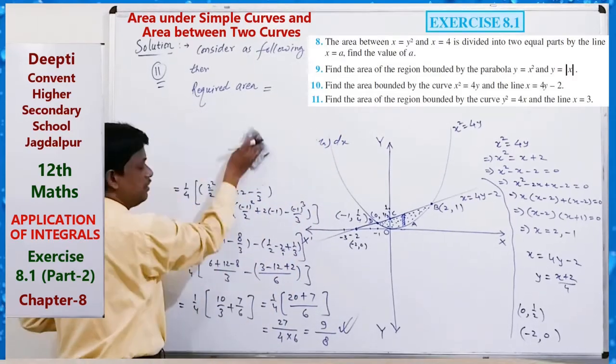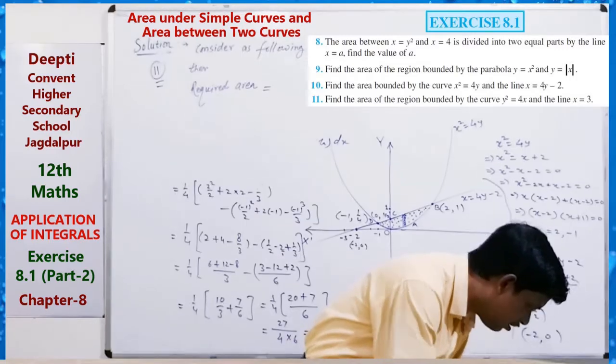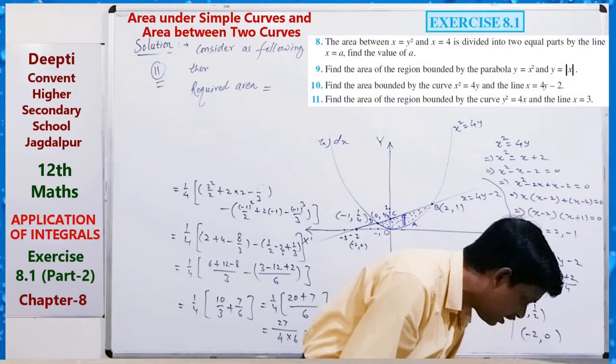What is question 11? Question 11 is: find the area of the region bounded by the curve y square equal to 4x and line x equal to 3.